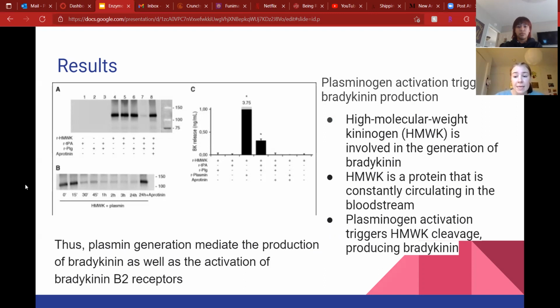And panel C is an enzyme-linked immunosorbent assay of bradykinin levels, showing that plasmin basically generates bradykinin by HMWK cleavage, and a plasmin inhibitor prevents bradykinin production.